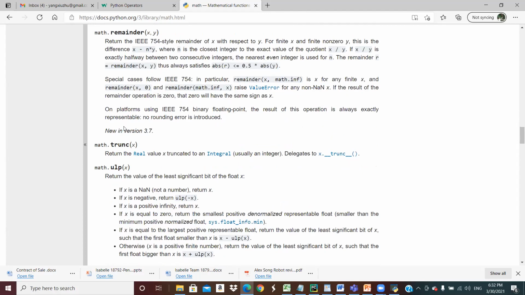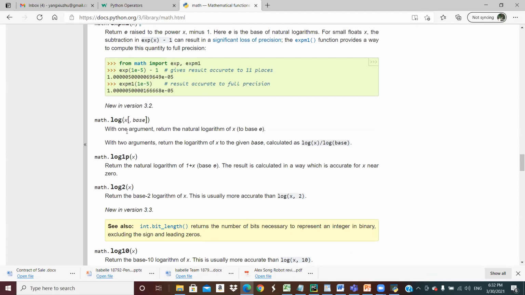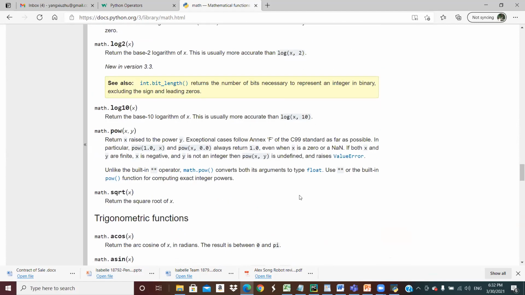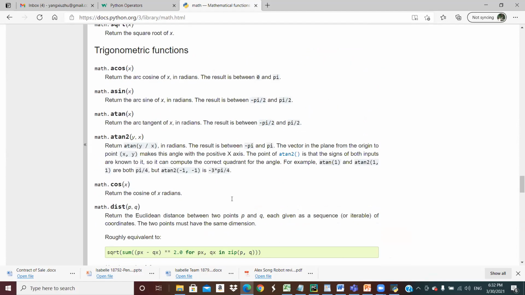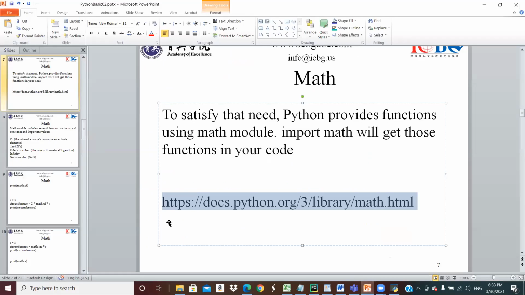So that's how it is used. I will show some of it to you, and then I will move quickly. Let's get into this website and try to understand it, and then I will show you some in our Python.